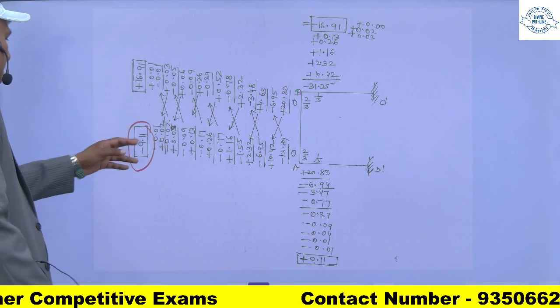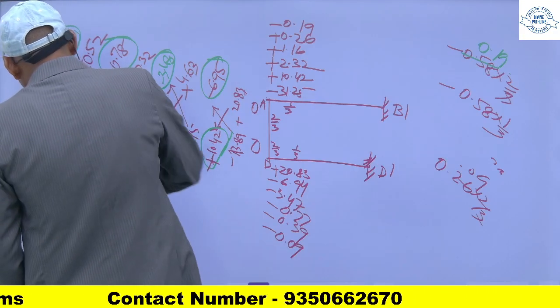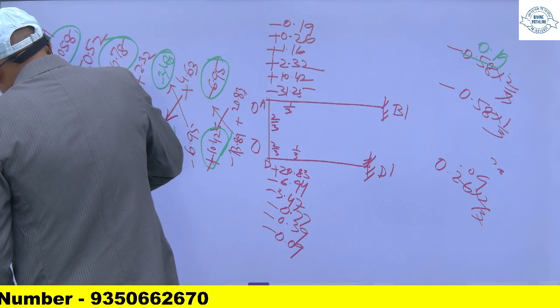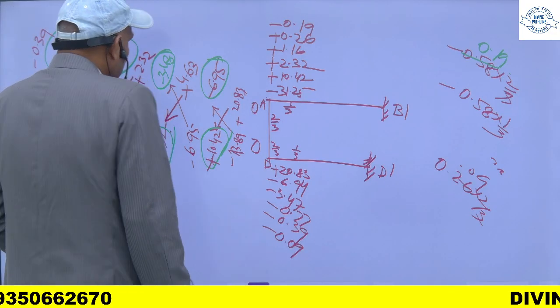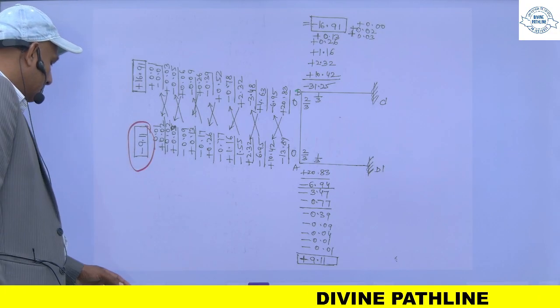This will be minus 9.11. So this you will get minus 9.11 and this will be plus 16.91.